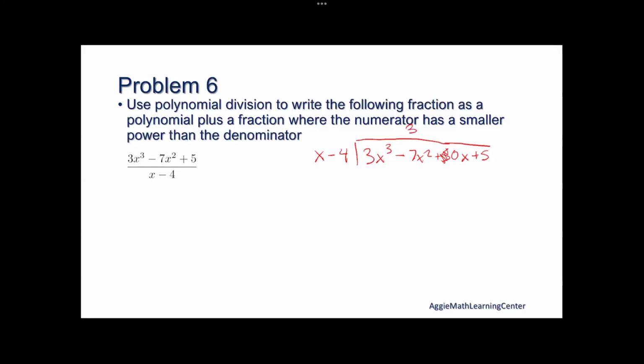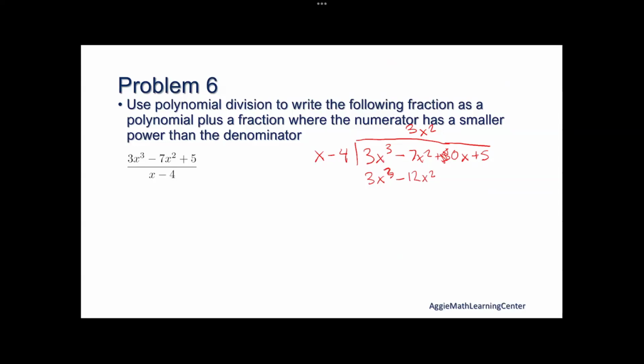So we'll start with the 3x squared, and then we need to multiply this by what we're dividing by. And then we have to multiply 3x squared by that negative 4, and that'll give us a negative 12. Oh, this is cubed. I'm sorry, guys. That's cubed. This one's squared. Okay. Are we good to that point?